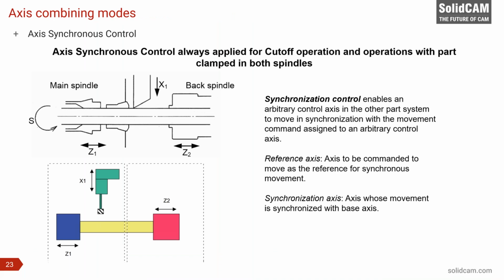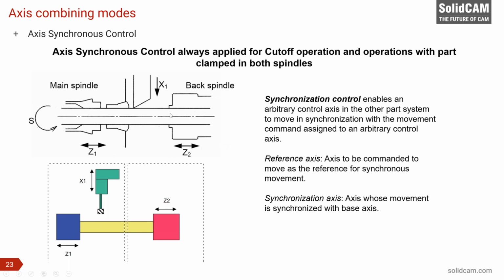And operations with the part clamped in both spindles. Here you can see the diagram where on the left side you have the main spindle. On the right side we can see the back spindle, and here we can see the tool, and we can work together with this tool when the bar stock is moved with the Z-axis, and the Z2 axis follows this axis.